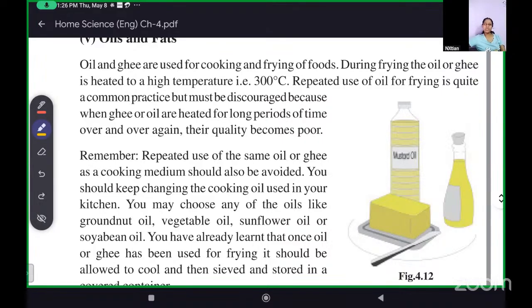Also, there's a new trend going on for some time: no oil cooking or no water cooking. Heard about that? What people do is that in a pan they dry roast cumin seeds. The trend was no oil cooking.